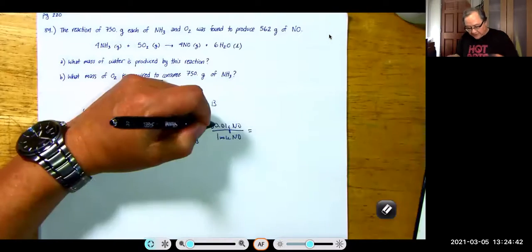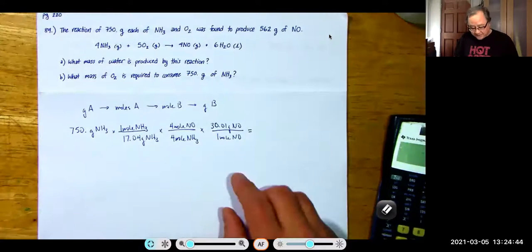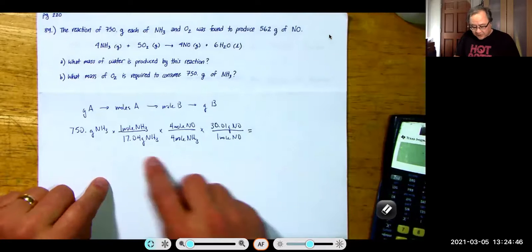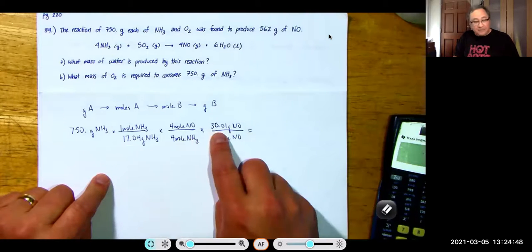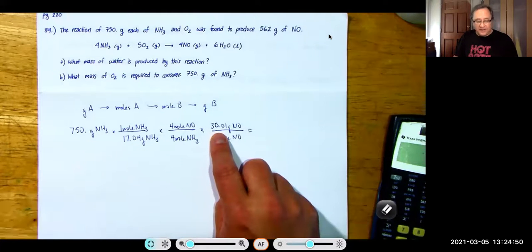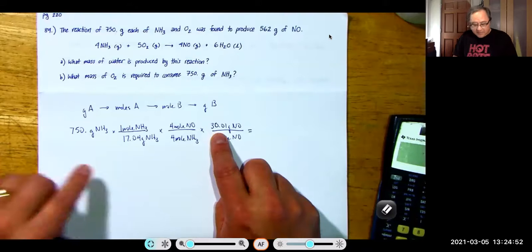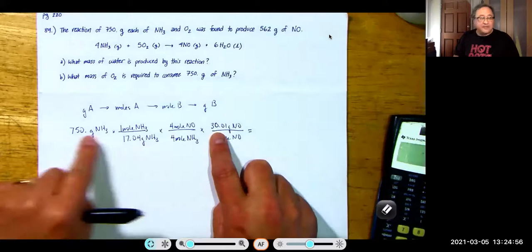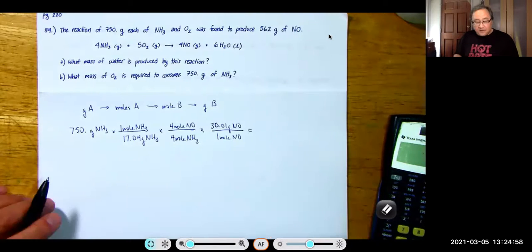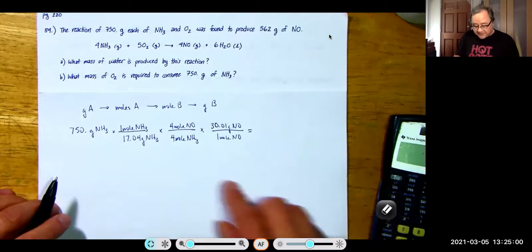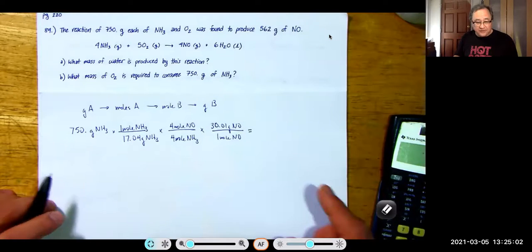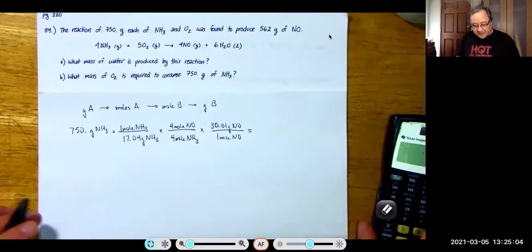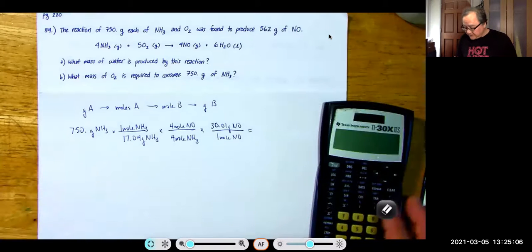So I'm going to estimate my answer so I make sure that I don't mess things up in my calculator. 17 goes into 30 about 2 times, but not quite. 4 divided by 4 is 1. 2 times 750 is 1,500, but it's going to be less than 1,500 because 17 does not go into 30 2 times. So I'm going to expect the answer to be maybe 1,400.